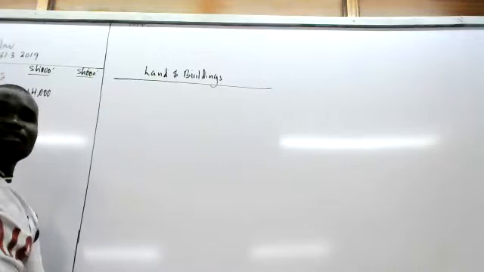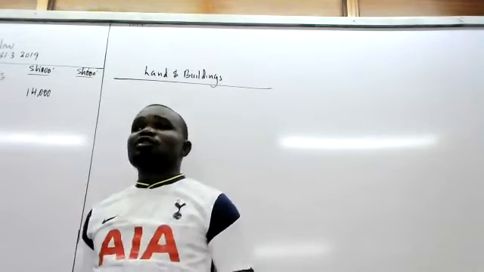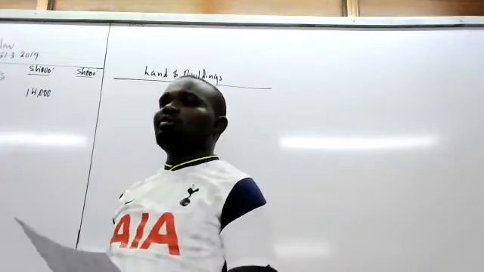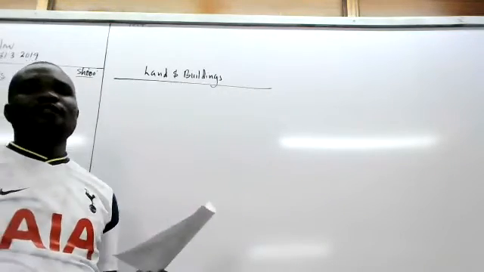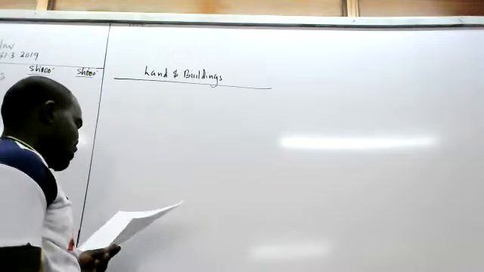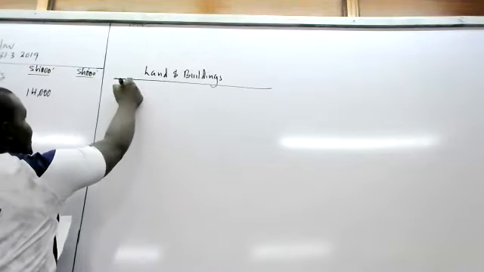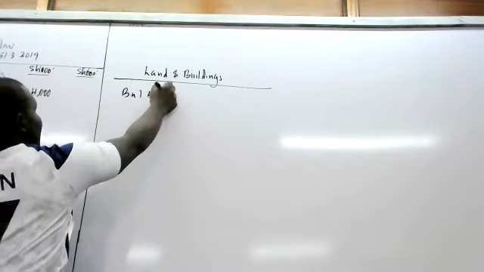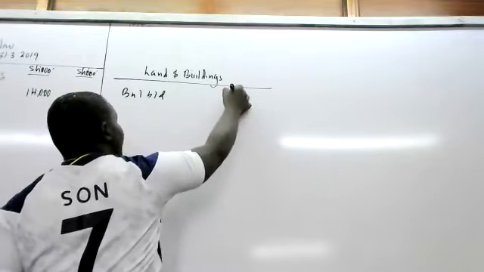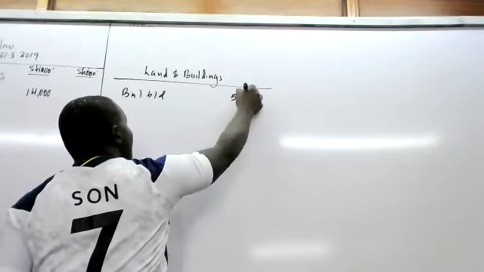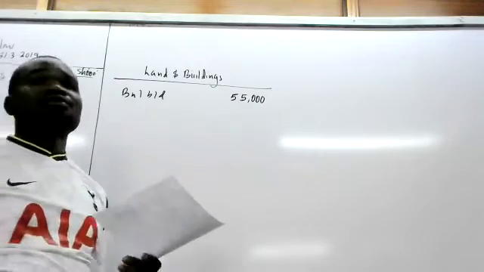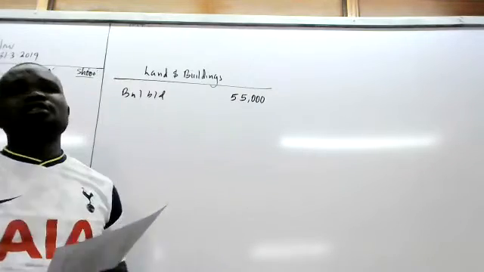Land and buildings, what was the opening balance? 55 in 2018, which is the opening. So land and buildings had a value of 55. Then in the notes, what is affecting land and buildings?